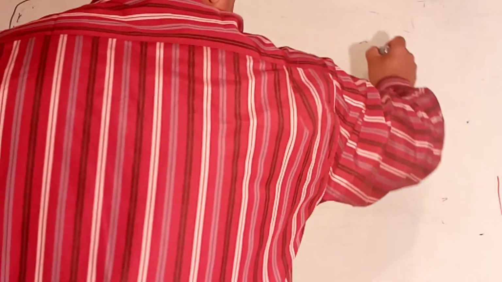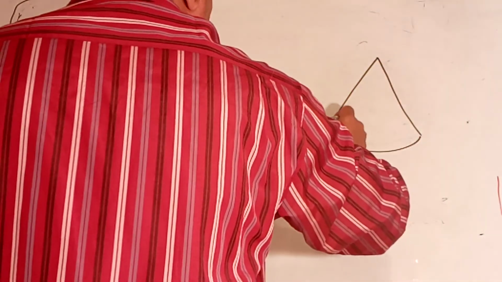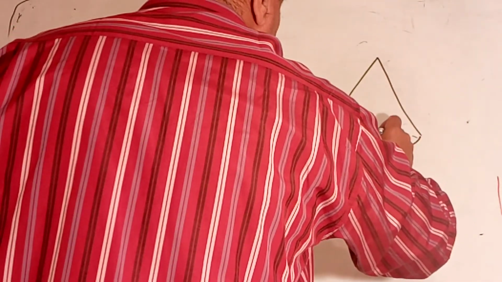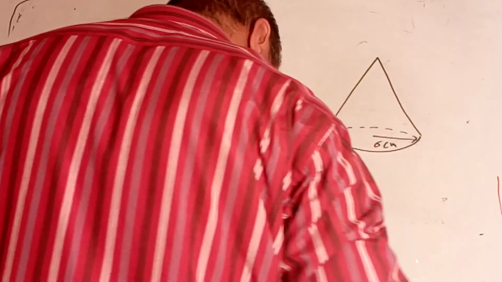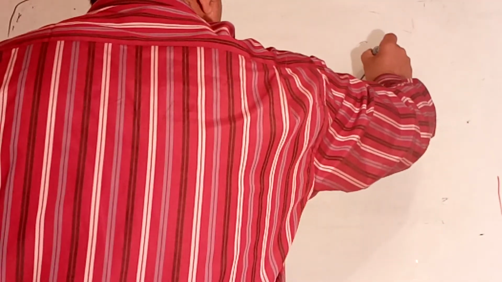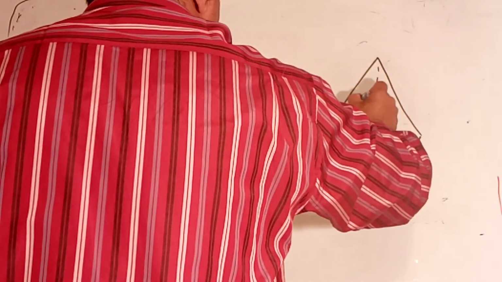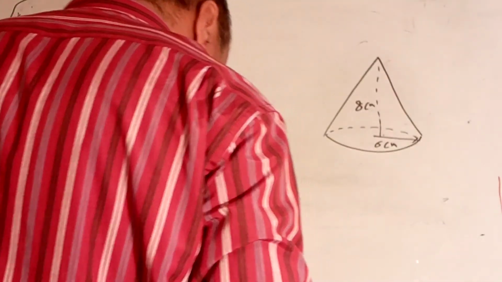Let me draw the cone. This is the cone here. The radius is 6 centimeters, and the height is 8 centimeters. Alright, he wants the volume.